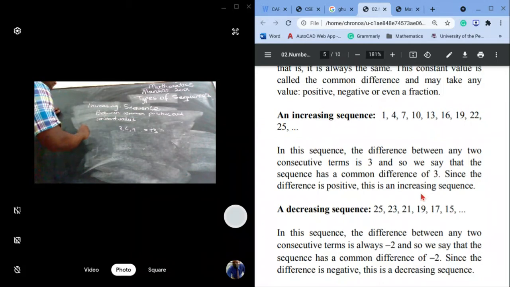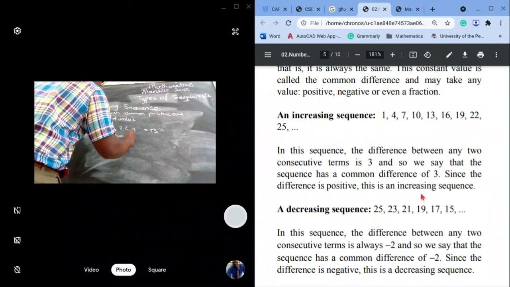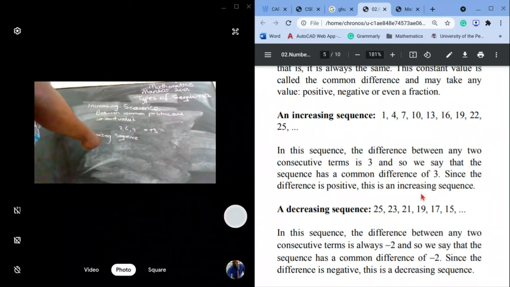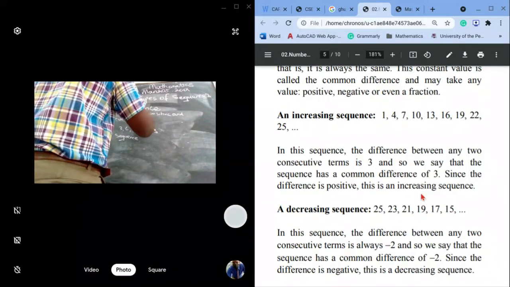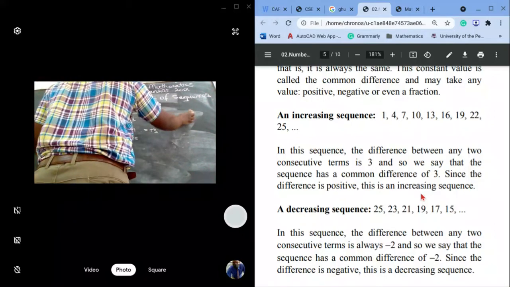So let's look at decreasing sequence now quickly, just to summarize. Sorry about that. Let me rewrite this.